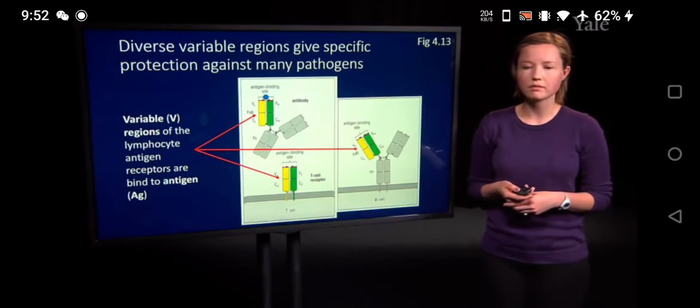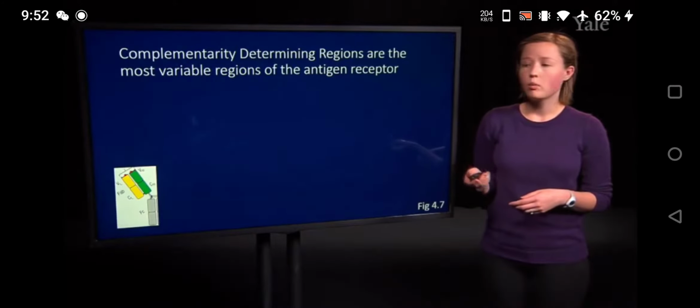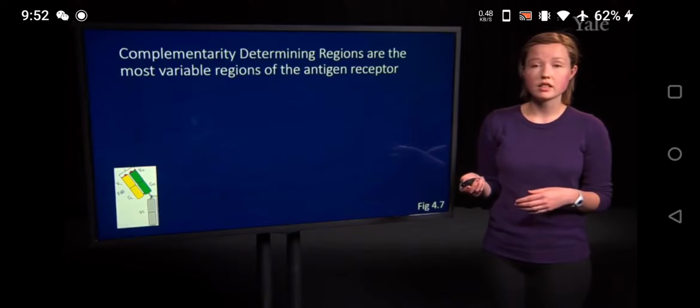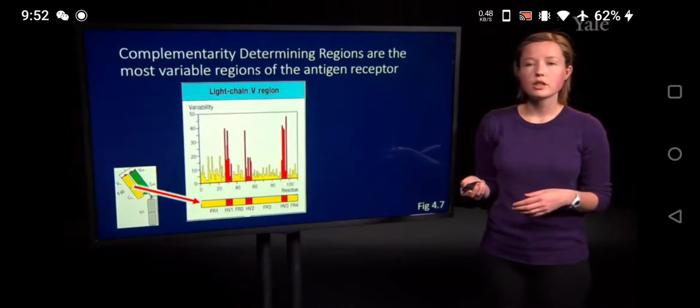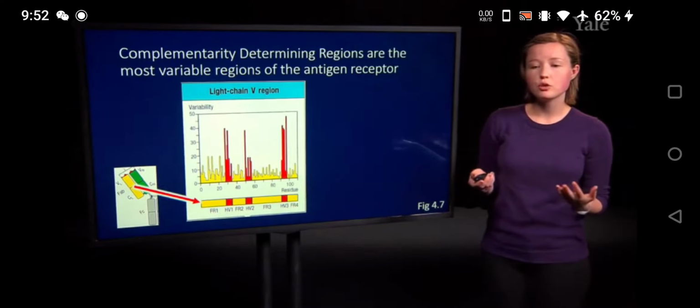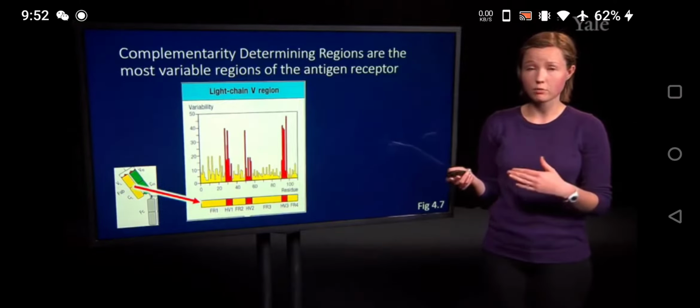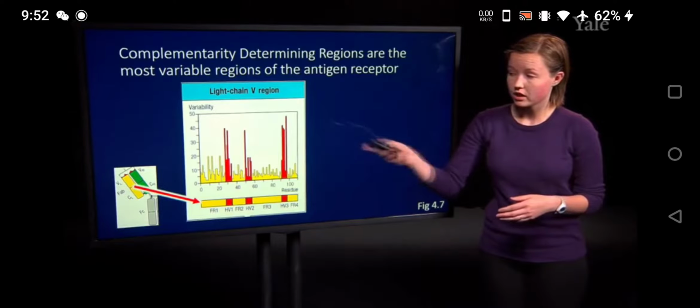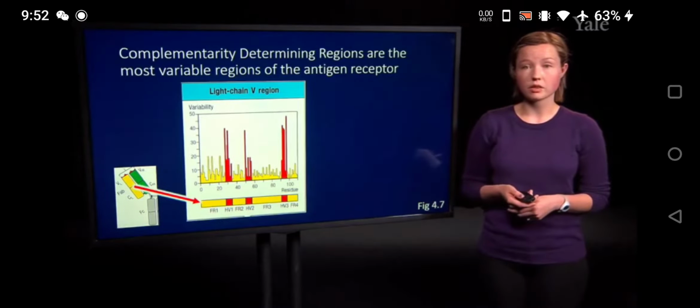When we zoom in a little bit closer to the variable regions of B and T cell receptors, we can appreciate that there are actually two different types of regions on the variable region that's highlighted in yellow and green over on the far side of the screen.